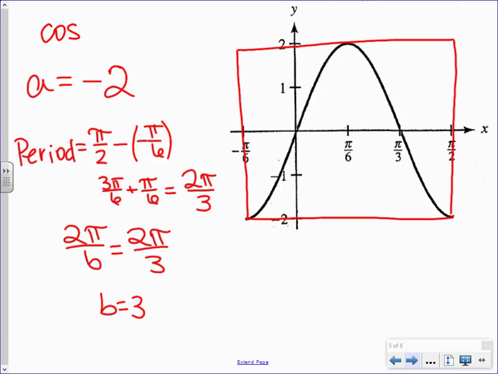This is where the starting point gets a little funky. Okay. Cindy, where is our starting point? Right here?